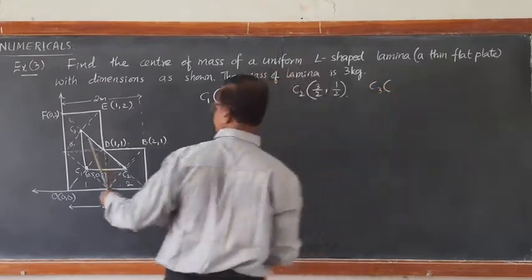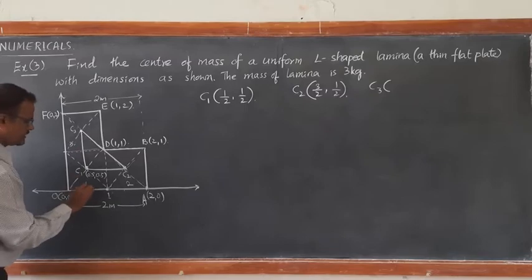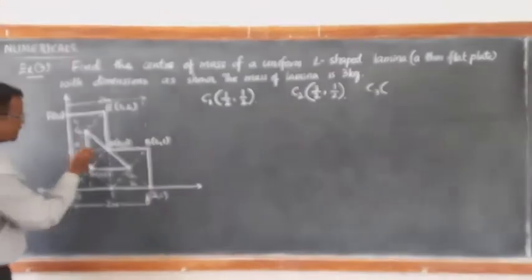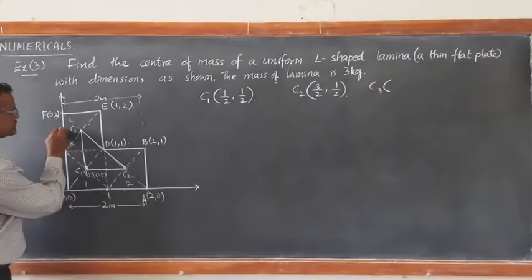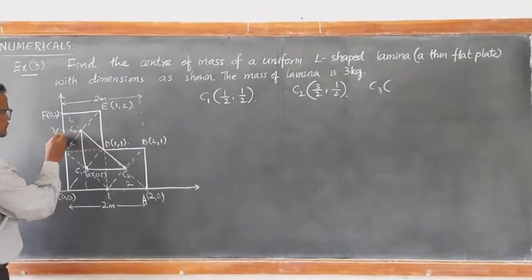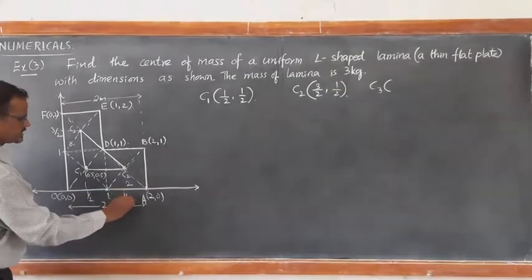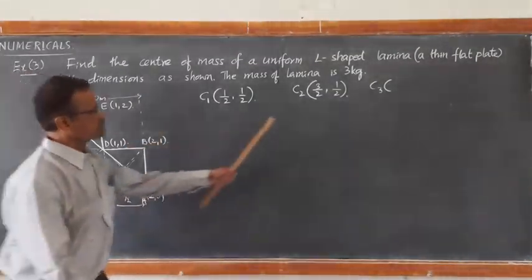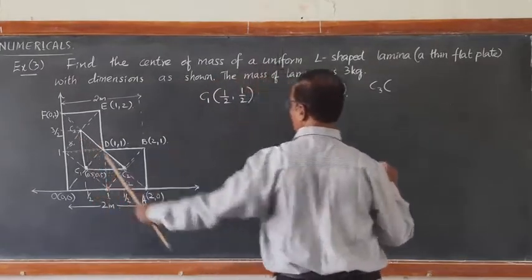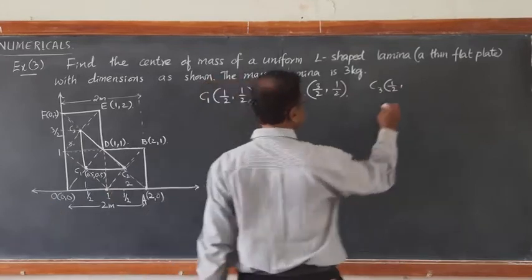The x coordinate is 1 by 2, and the y coordinate is, you see, 1 plus half. This is 1, this is 1 plus half, that is 3 by 2. So like this we can find out the coordinates. So the x coordinate is half and the y coordinate is 3 by 2.